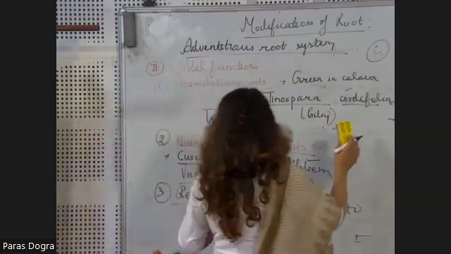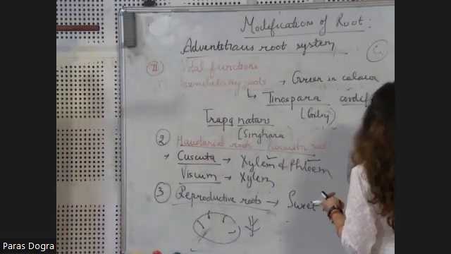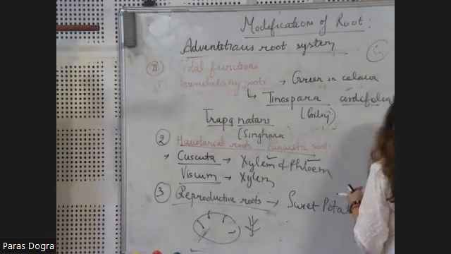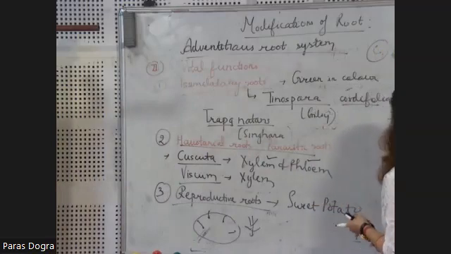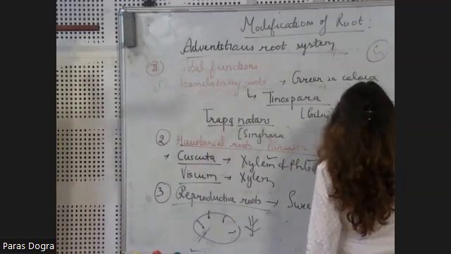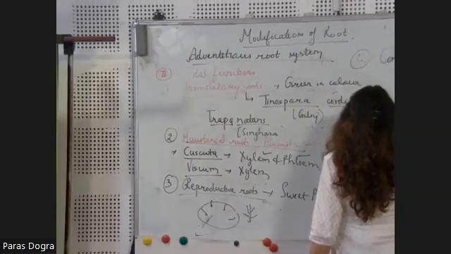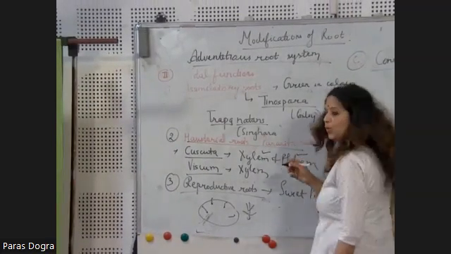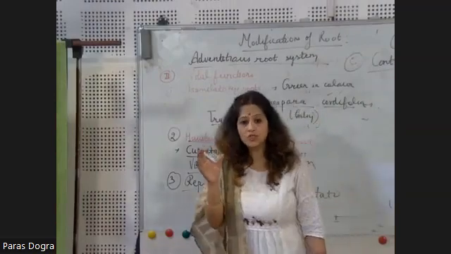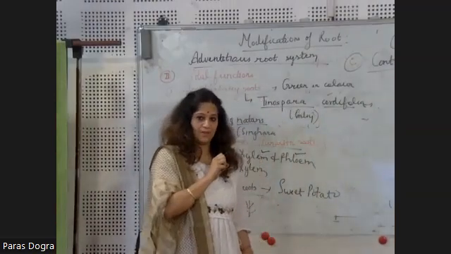Okay. Then moving ahead, we have another category. The fourth one is called contractile roots. Such roots are seen in plants which have an underground stem as well.